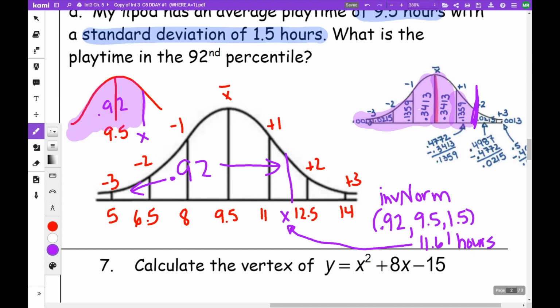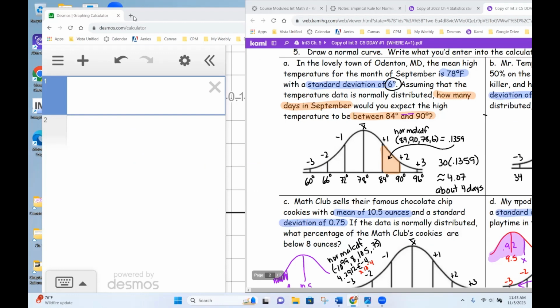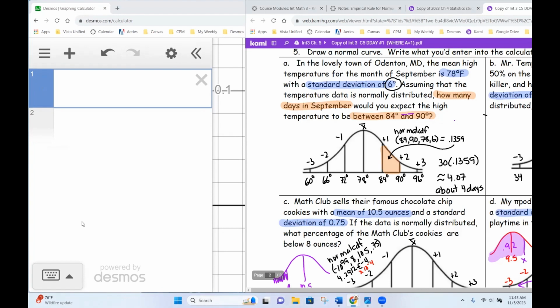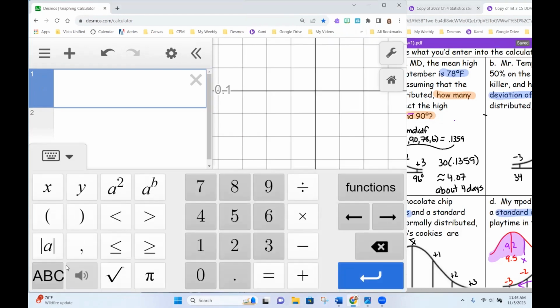Now, if you stay tuned to this video, I'm going to show us how to do these on Desmos for those of us who are interested. So this is going to show how to do the normal distribution and inverse norm on Desmos.